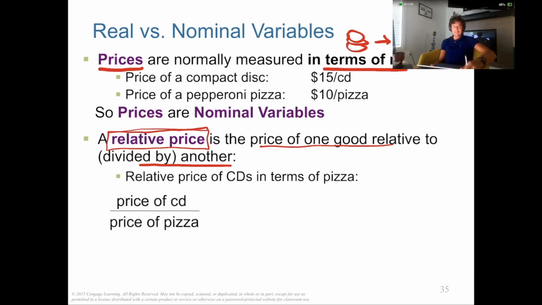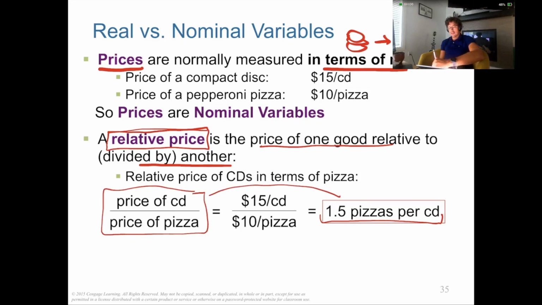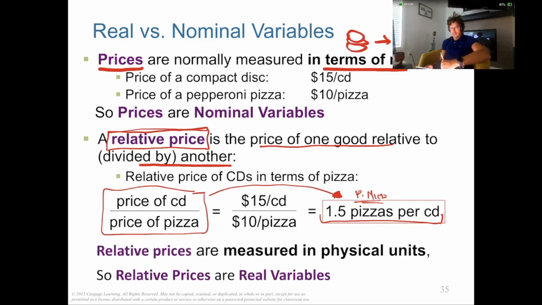For instance, the relative price of CDs in terms of pizza just measures how many pizzas you get per CD, which is 1.5 pizzas per CD. So this ratio of prices is telling you something about the terms of exchange between two goods. And please look at your Principles of Micro course for a lot of examples on these terms of trade. So relative prices are measured in terms of physical units. So relative prices are real variables.